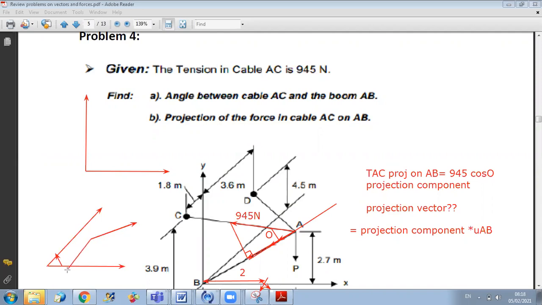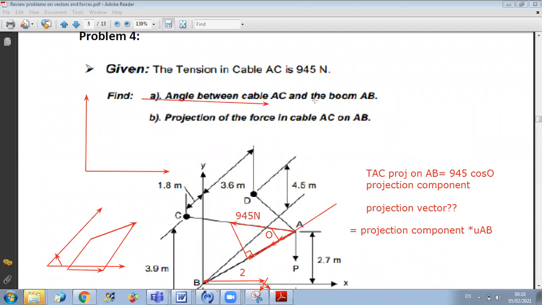So they will not be perpendicular in this case. But when you project only on one line, yes, you take a perpendicular. This will be the projection here.